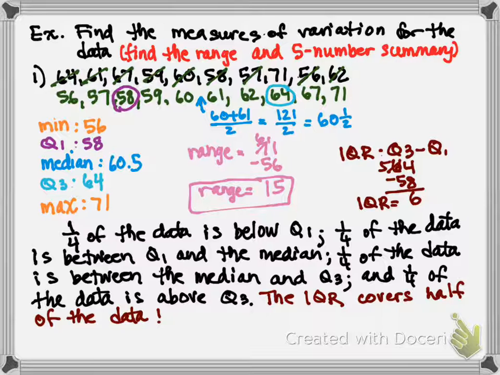Okay. All right, I'm going to go to one more screen, and we're going to talk about outliers. So the directions are going to ask us to find any outliers. So we're going to use that formula to help us do that.